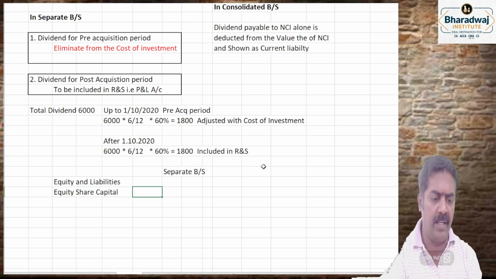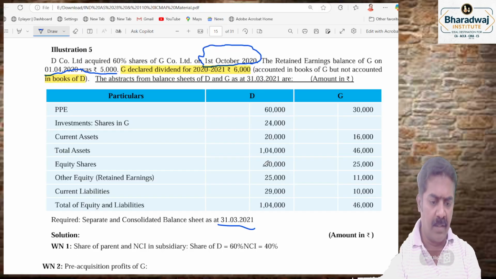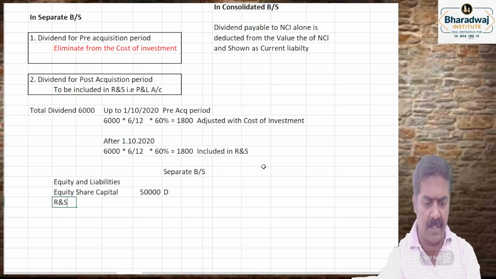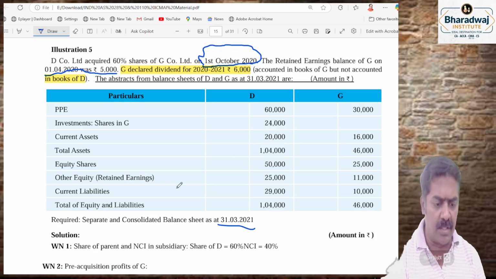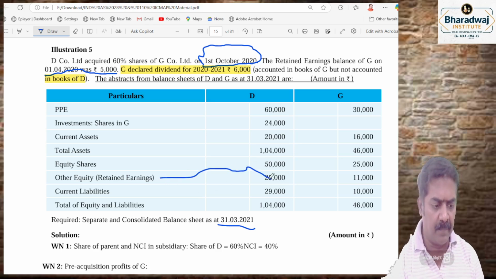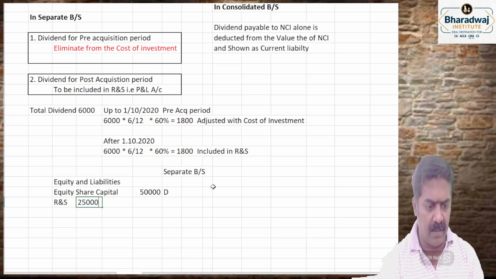D Limited, only D Limited. 50,000. Then retained earnings, reserves and surplus: what is the reserves and surplus of the holding company? 25,000 plus 1,800. It will become 26,800.